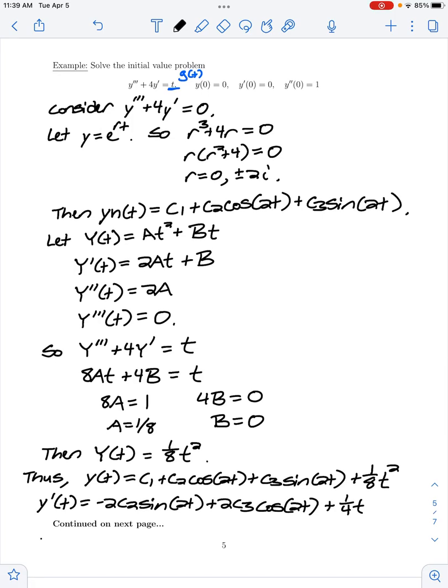And then for my second derivative, y double prime, I would have a negative 4c2 cosine of 2t minus 4c3 sine of 2t plus 1/4.